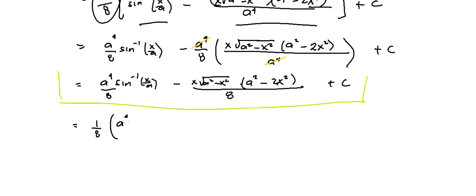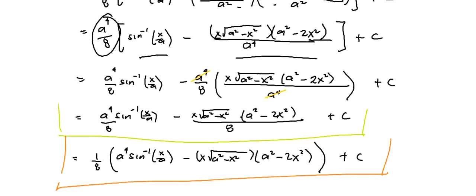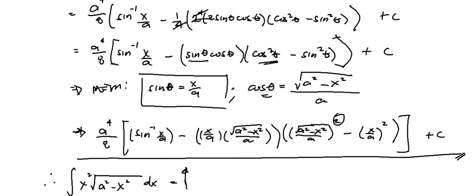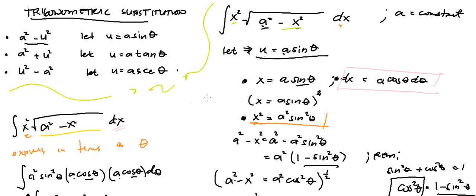So what we have left here is a to the 4 sine inverse x all over a minus x square root of a squared minus x squared by a squared minus 2x squared, then our plus c. So this is one of the sample integrals using the trigonometric substitution.